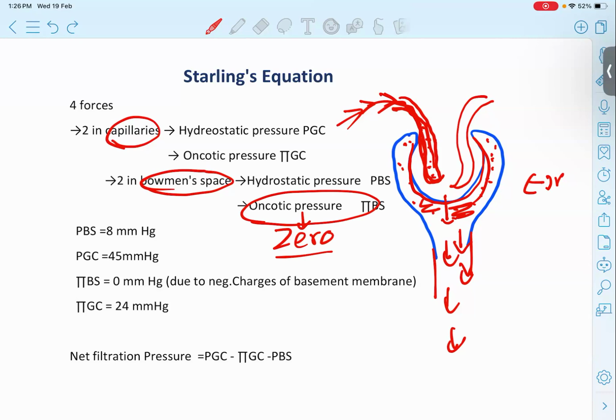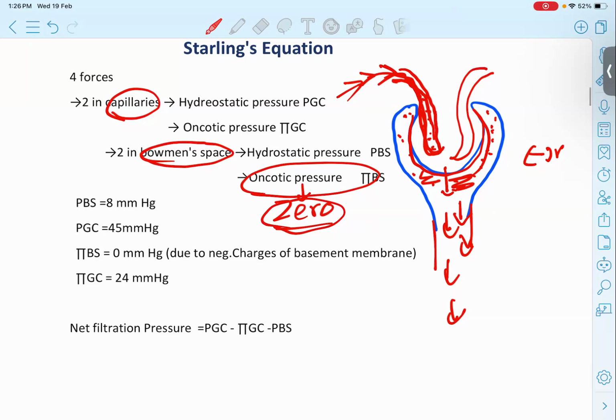So the oncotic pressure of Bowman space is 0. Okay, so these are the values. Hydrostatic pressure of Bowman space is 8 millimeter mercury. Hydrostatic pressure of glomerular capillary is 45 millimeter mercury. Oncotic pressure of Bowman space is 0 because of the negatively charged glycoprotein.